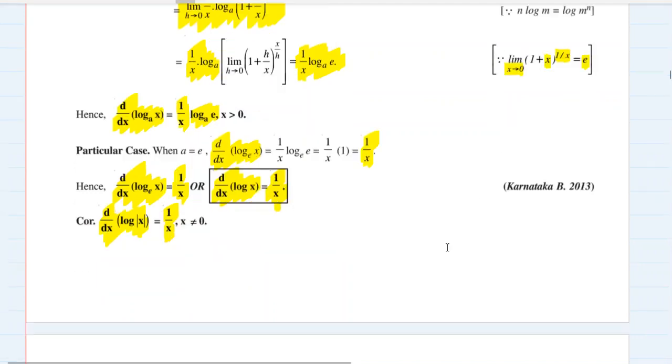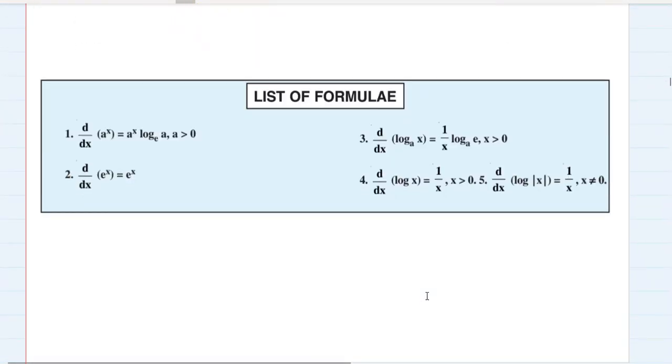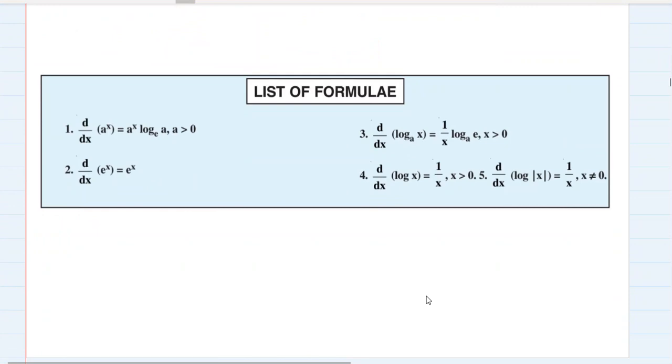Let's see if they have the proof. No, they have not given the proof. So the final list of formulae is something like this. D by dx of a raised to x is a raised to x multiplied by log of a to the base e, where a is greater than 0. D by dx of e raised to x is nothing but e raised to x.